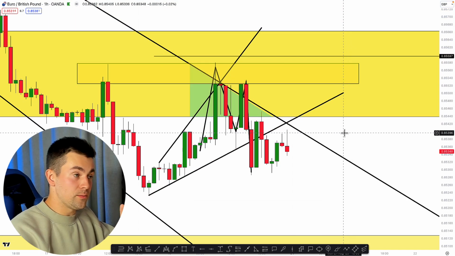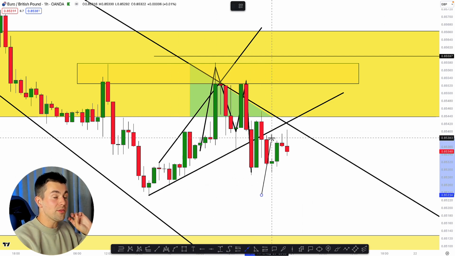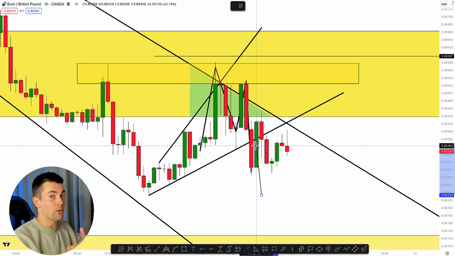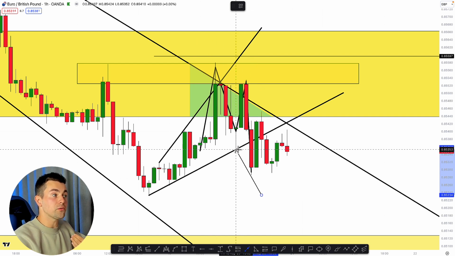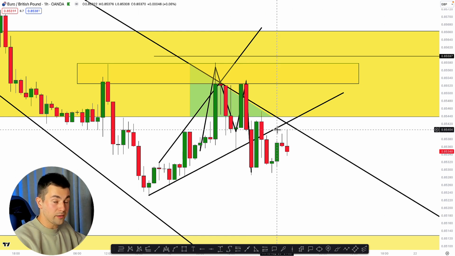Now about the entry point. So as we discussed, the support of the wedge was the resort for the buyers to buy from. And of course, after the breakout, that rising trend line that was the vertical support turned into a strong resistance. So from that trend line, we can look for shorting.